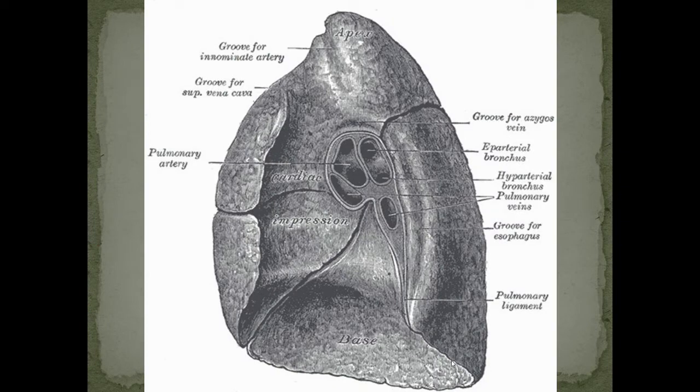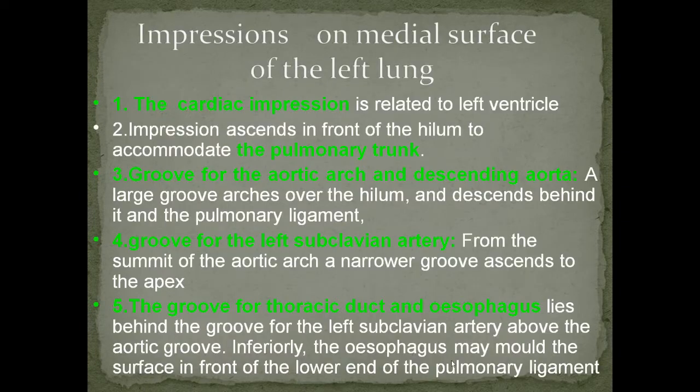You can see the impressions here. Now we will see the impressions on the medial surface of the left lung. The cardiac impression is related to the left ventricle. The impression ascends in front of the hilum to accommodate the pulmonary trunk, and grooves for the aortic arch and descending aorta.